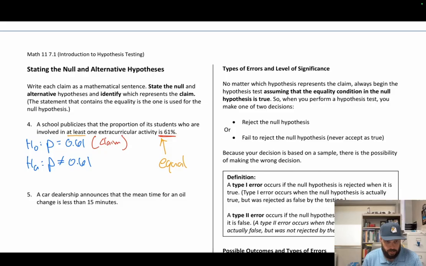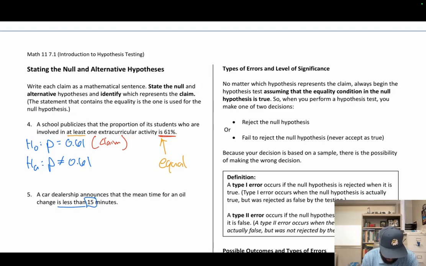All right, so we see here that we're looking at less than 15, and so our H0, right, now we're talking about a mean, not a proportion or probability. So 5, a car dealership announces that the mean time for an oil change is strictly less than 15.